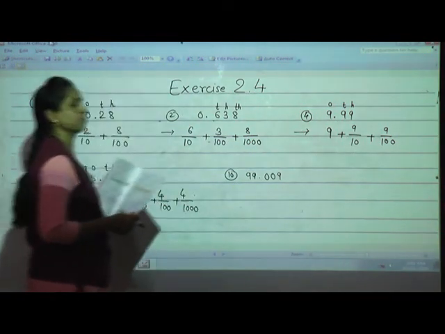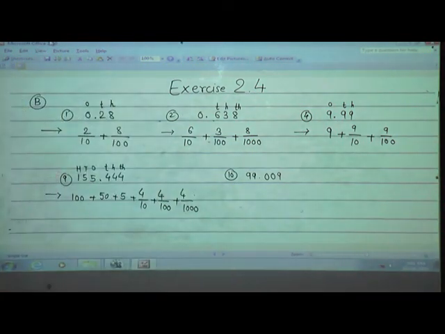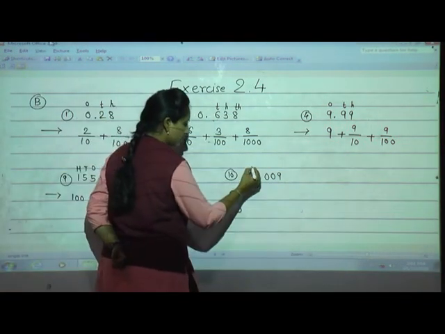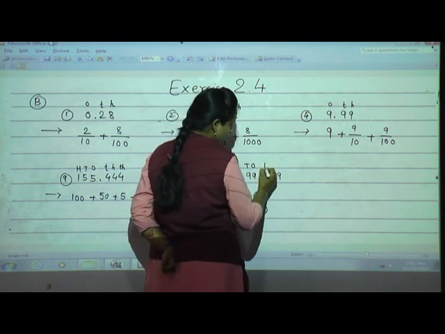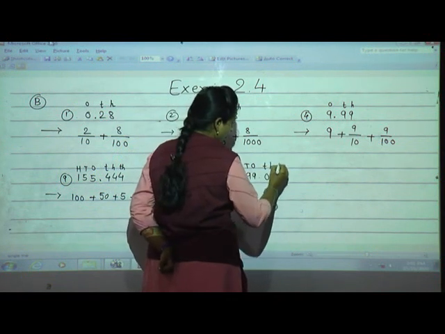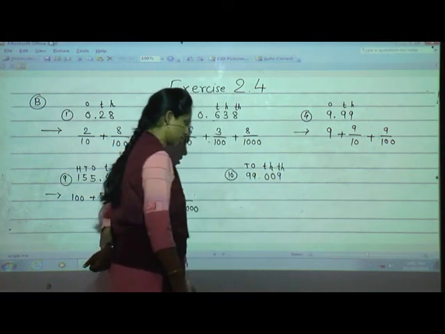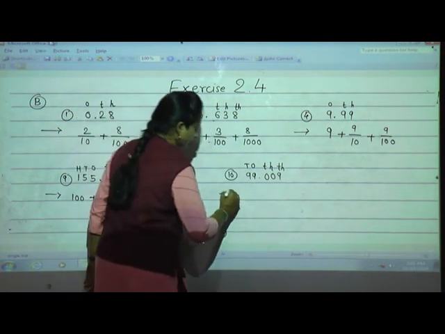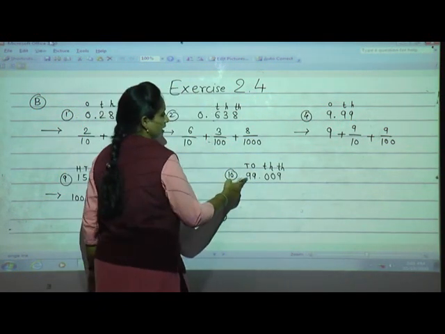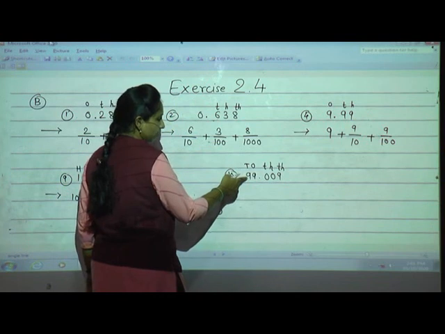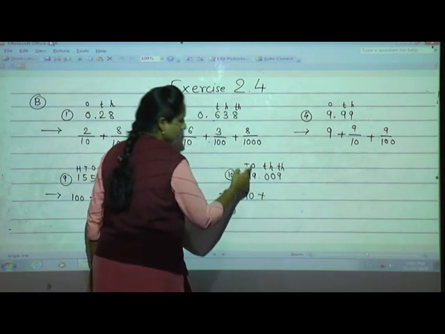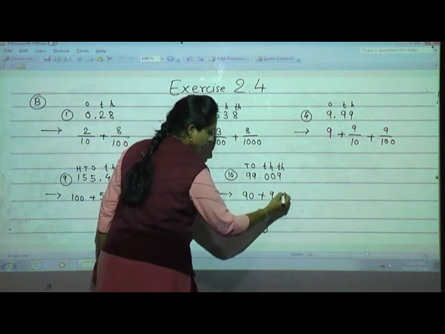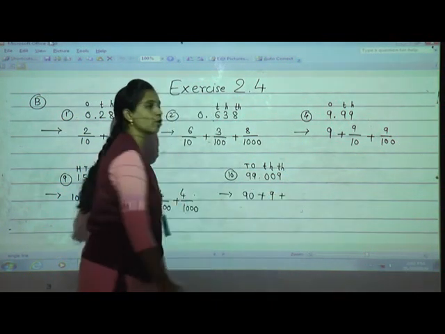99.009. Now before the decimal, give the place value ones and tens. After the decimal, tenths, hundredths and thousandths. Now see, start with higher place value, tens. 9 tens means 90 plus 9 ones means 9 plus 0 tenths.